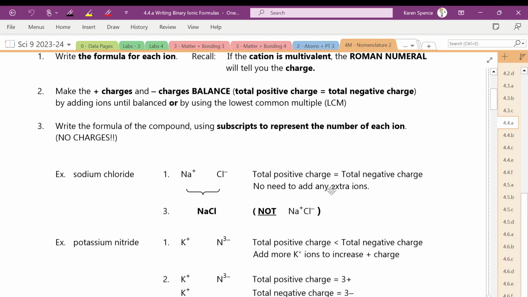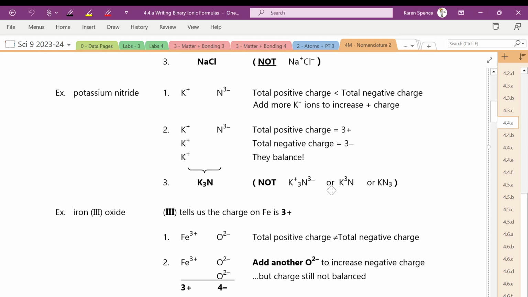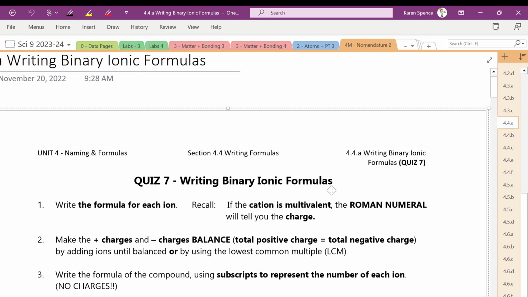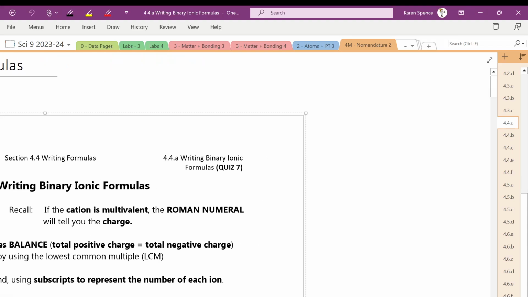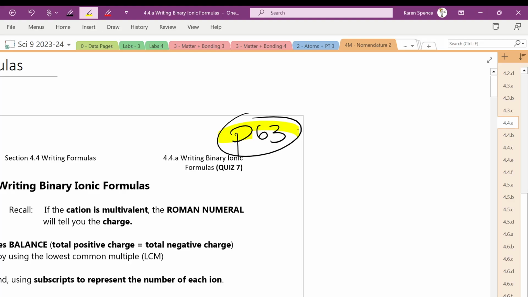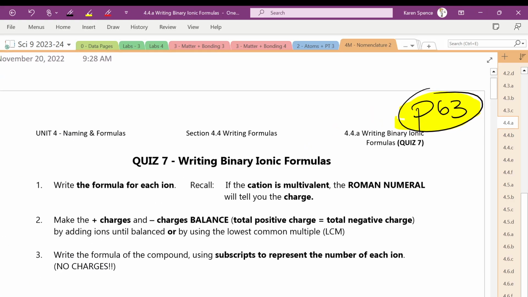Okay, friends, we are going to page 63 because a lot of people have now finished quiz 6. Page 63.